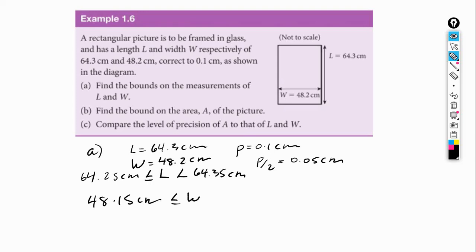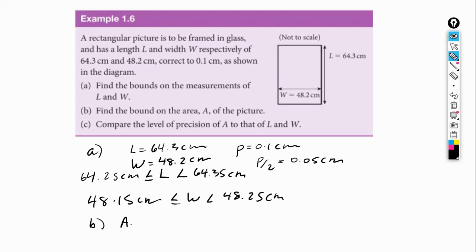And this is for W. And that has to be less than 48.2 plus the 0.05. And that's going to be 48.25 centimeters. Okay, so with this information, we're going to find the maximum area and the minimum area, which is what we will need to find the bound on the area A. So that's part B.